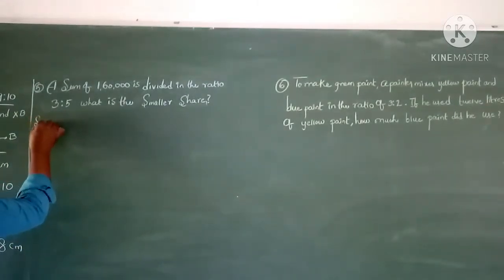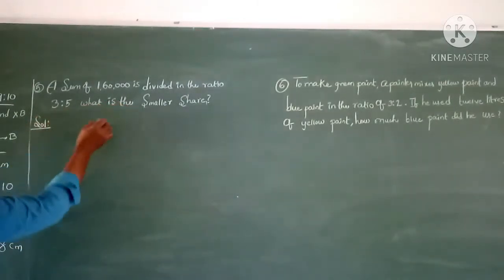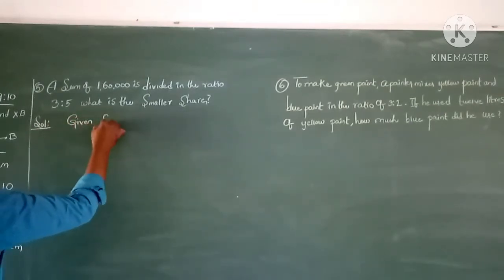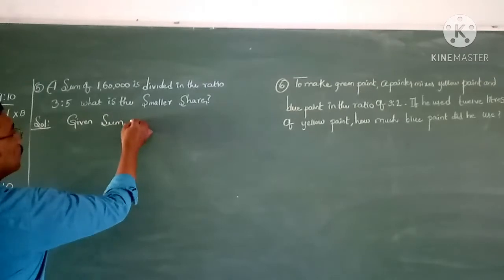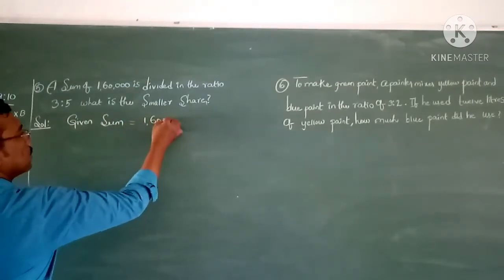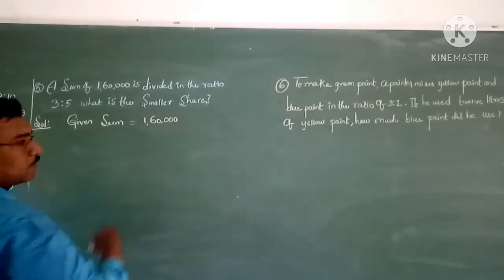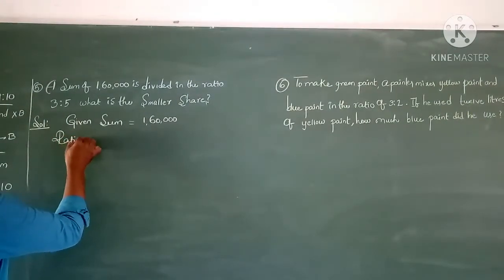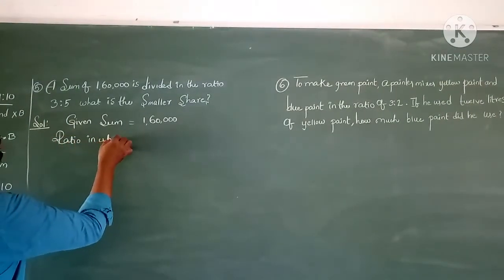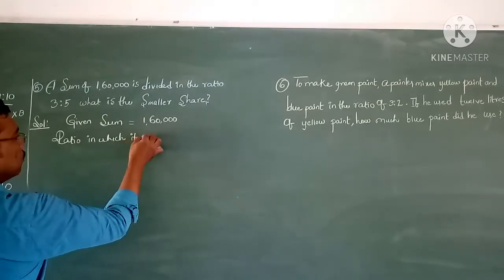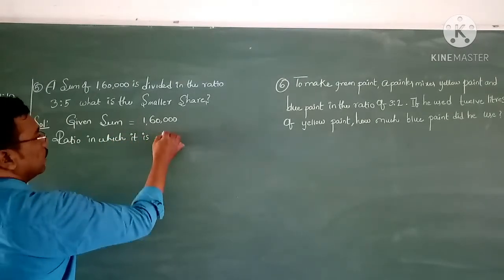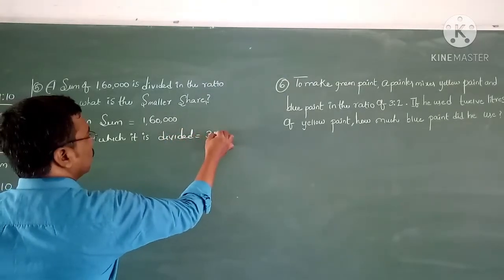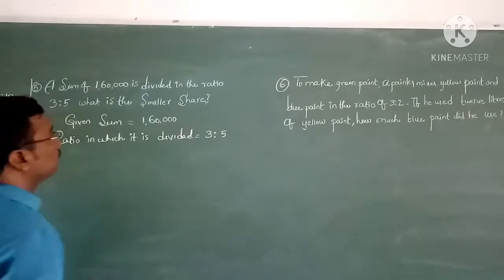The solution for this one is: given, sum is equal to 1,60,000 rupees. The ratio in which it is divided is 3:5.